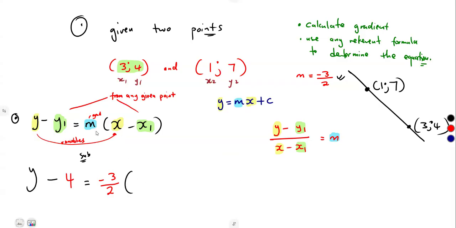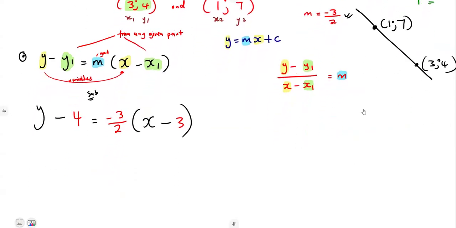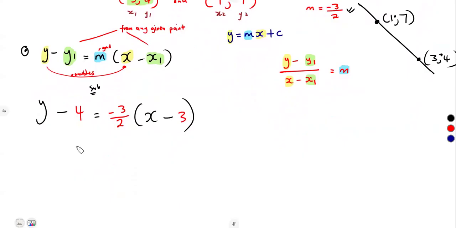That is equal to minus 3 over 2, which is our m, the gradient that you calculated, times x. It's a variable, so there is no substitute for that. So you just write x minus x1, from the first point that you chose, which is 3. If you chose the second point, you're going to have the same answer. I'm going to prove that, no problem. Let's work with the first point first and finish. From there, you simply have to evaluate so that you can have your answer in the form that makes y the subject of the formula.